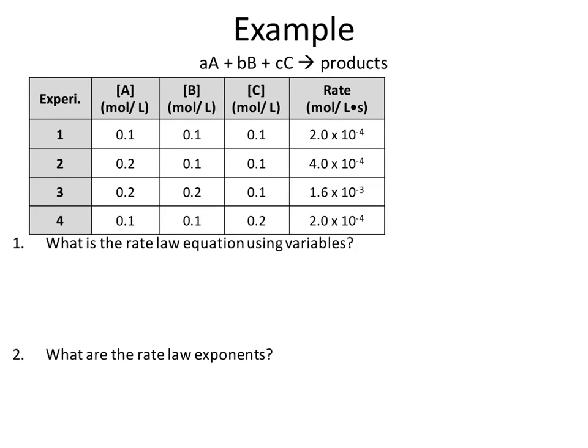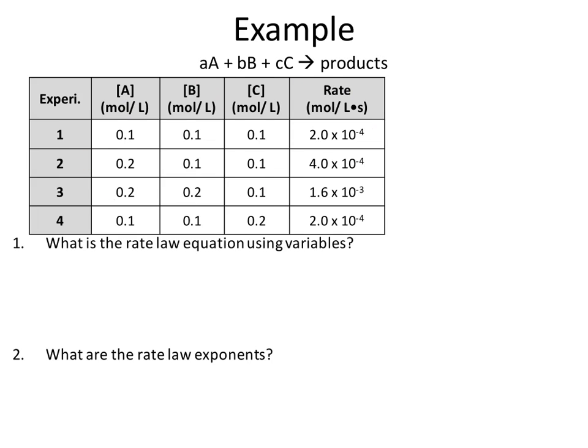So let's take an example here. Here we have three reactants creating some unknown products. And what we wanted to see is what effect increasing the concentration of each of these would have on the overall rate of the reaction. So we've done our data collection and tabulated it into this table over here.